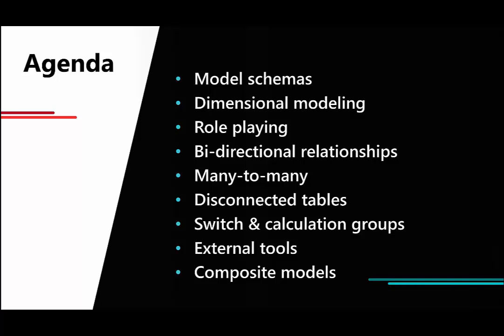Within that space, we'll talk about role-playing, specifically role-playing dimension. We'll talk about bidirectional relationships, when to use them, when to avoid them, many-to-many patterns, when to use disconnected tables, and I'll show you some specific examples of using disconnected tables.